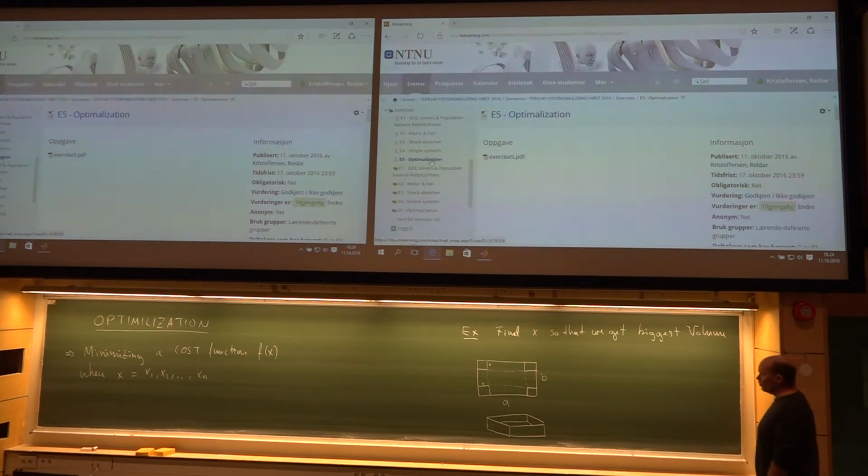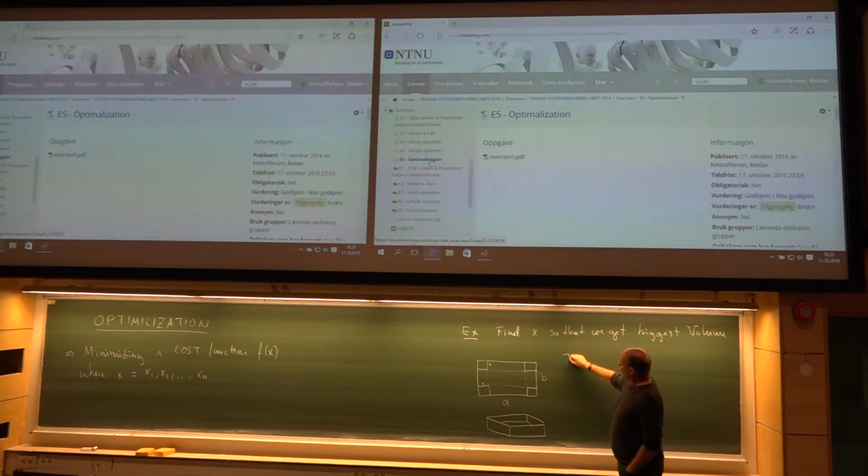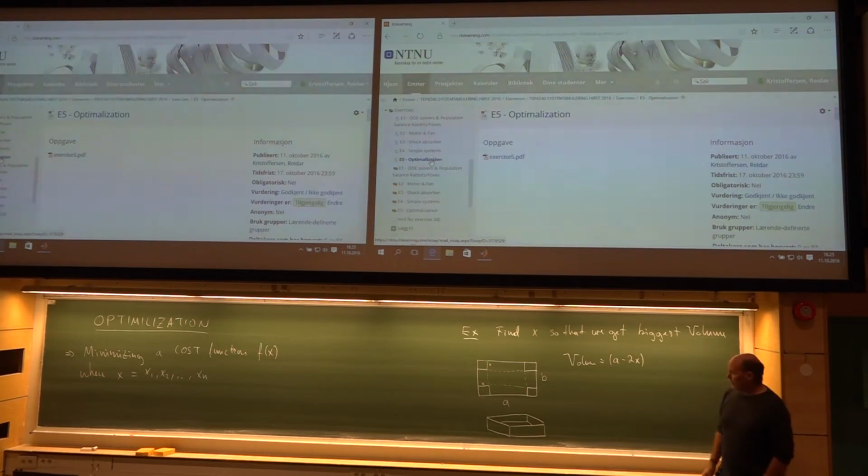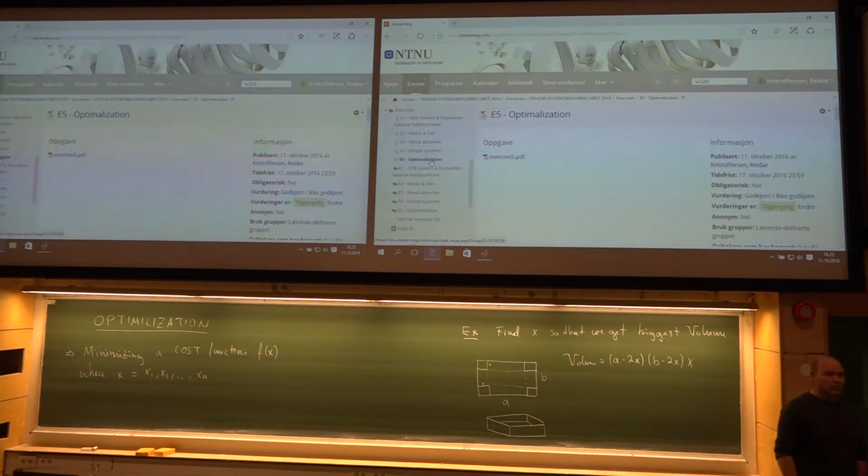So what is the volume? Volume equals, well, the length now is A minus 2x. The width will be B minus 2x, and the height will of course be x. So that's the volume. This is my negative cost function.